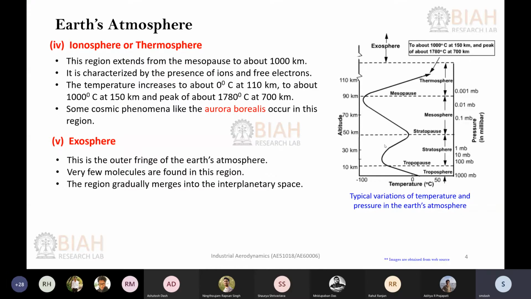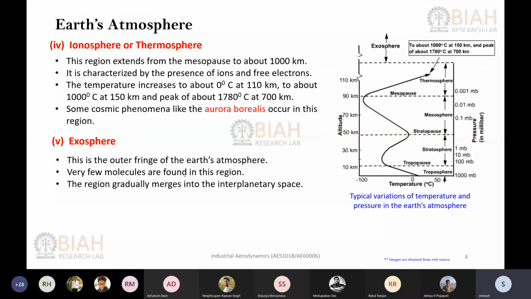There are different cosmic phenomena also observed in this layer, the aurora borealis, for example. That's why it is called thermosphere, because the temperature is quite high here, and different ionic or cosmic activities also happen. So otherwise it is also called the ionosphere. Pressure-wise, the pressure is already very low.